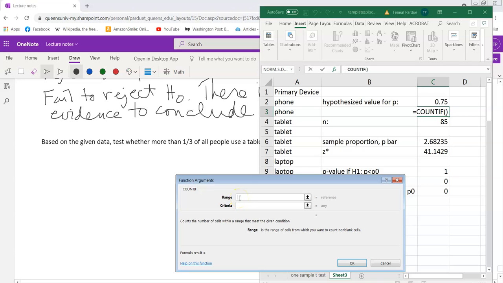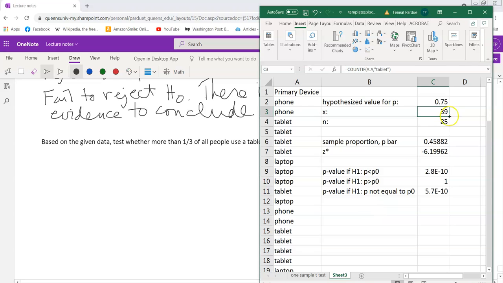The range is that entire column. And the criteria is we want to know how many of them said tablet. So we have to put quotes, tablet. And click OK. This tells us that 39 people said tablet. Our hypothesized value is 1/3, so we'll do equals 1 divided by 3. And now we have our test statistic, we have our p-value, and we are good to go.